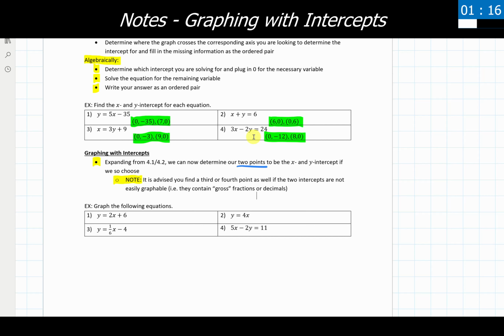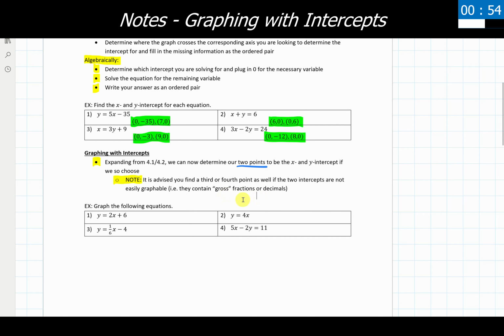Now, it should be noted here that as we are going through some of these problems, specifically numbers 3 and 4, if you would like to, it is advised that you find a third or a fourth point if the 2 intercepts are not easily graphable, meaning maybe we get some really gross decimals or fractions showing up in there.